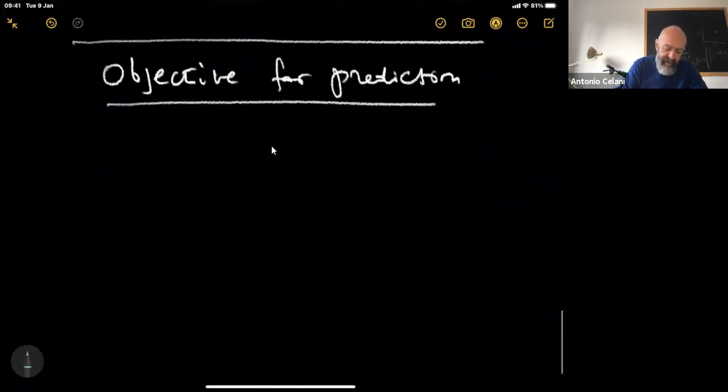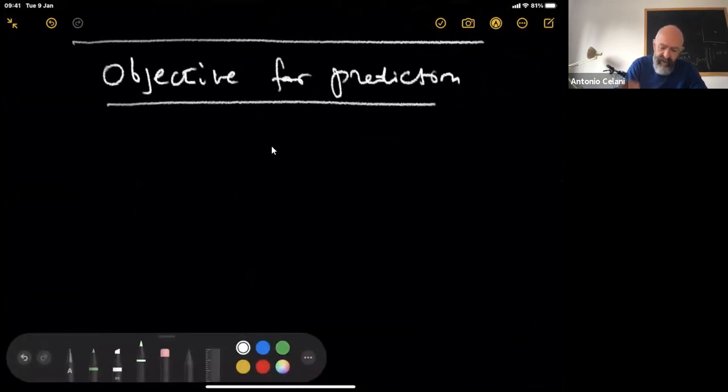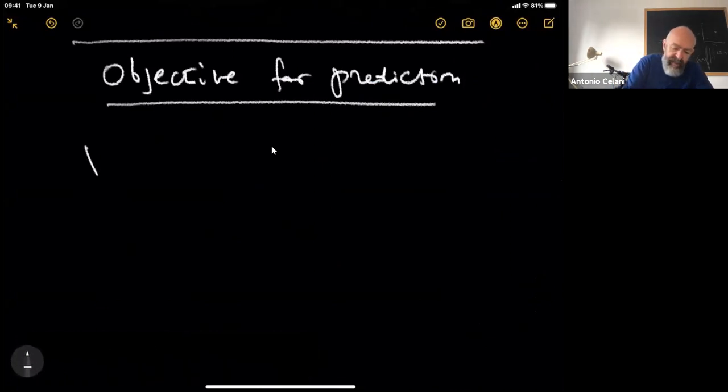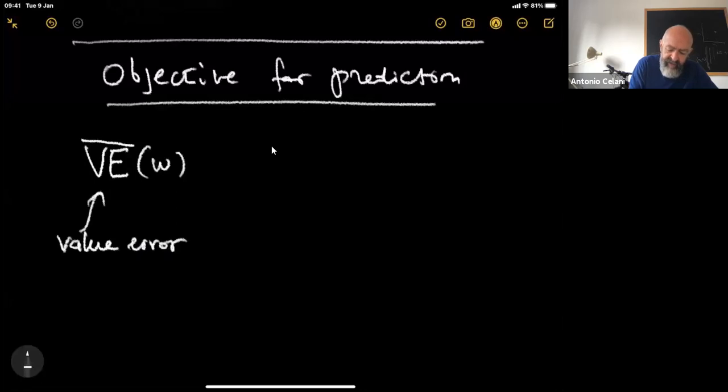This prediction objective, now I am borrowing the notation of Sutton and Barto for lack of any better choice, Sutton and Barto call it value error. Not that I like this notation very much, but let's not introduce different names for things that have already been used.